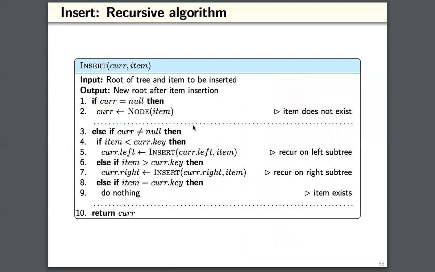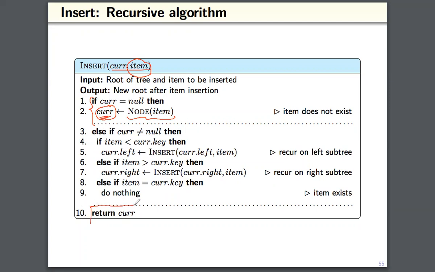Okay. So there's the logic. Insert current item. Now let's look at this. If current is equal to null, then create a node with the item that you want to insert. And that will be this current.